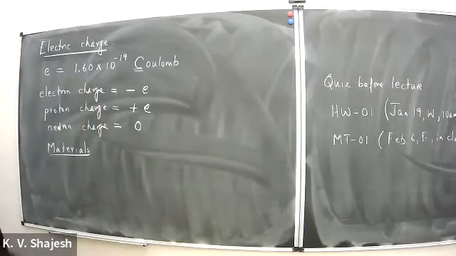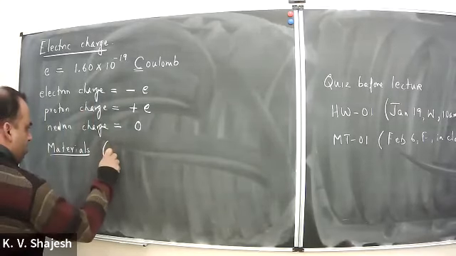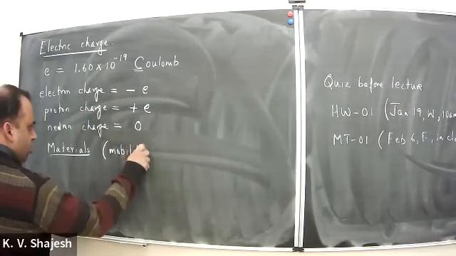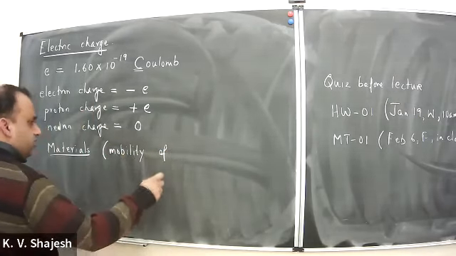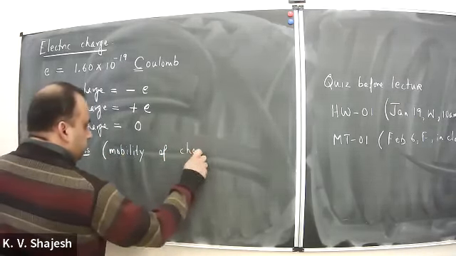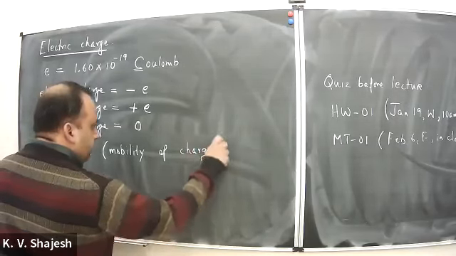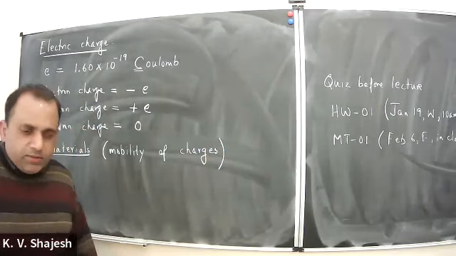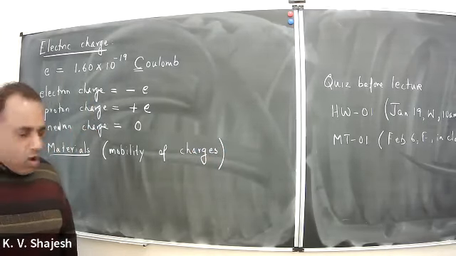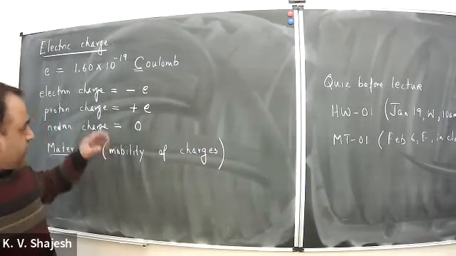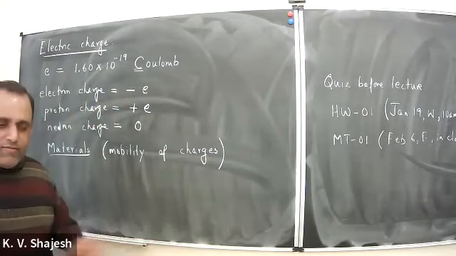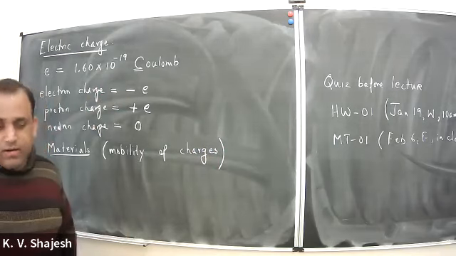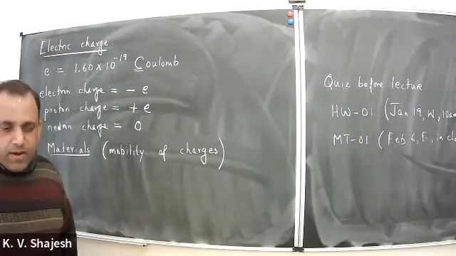So materials will be characterized by mobility of charges. That means if you have a metallic object like gold or silver or copper, the charges that reside on it are very free to move. Given a chance, they would move so that energy is minimized.